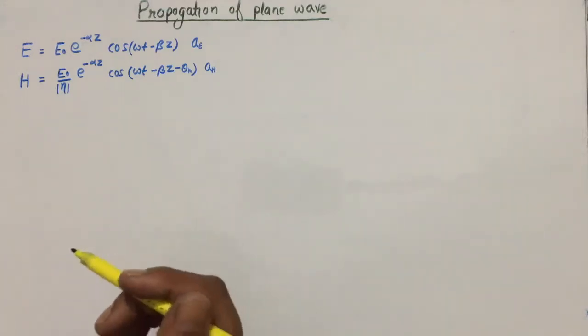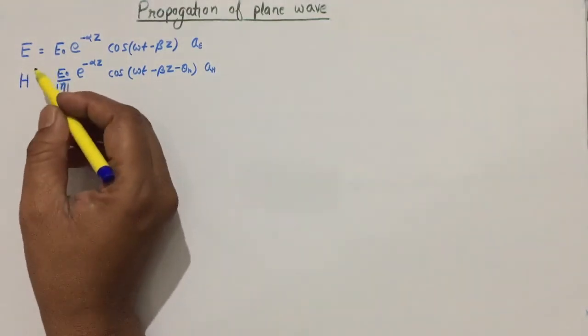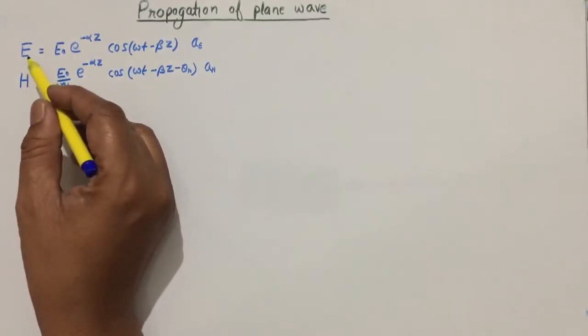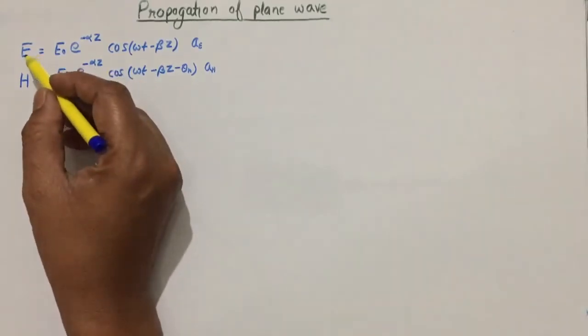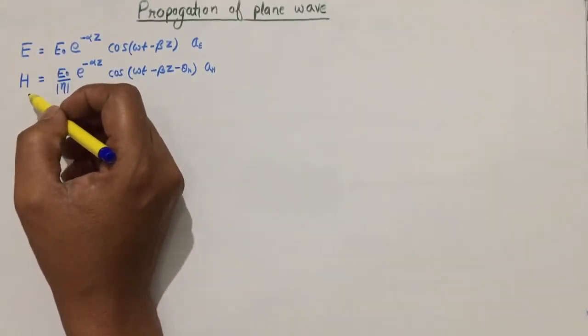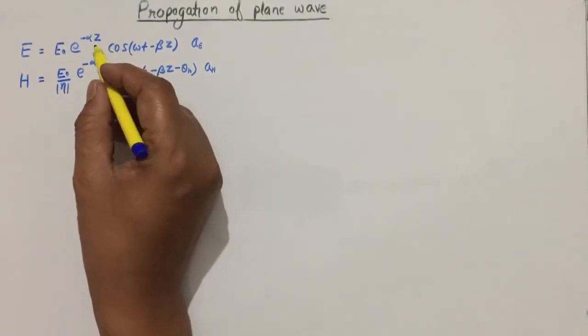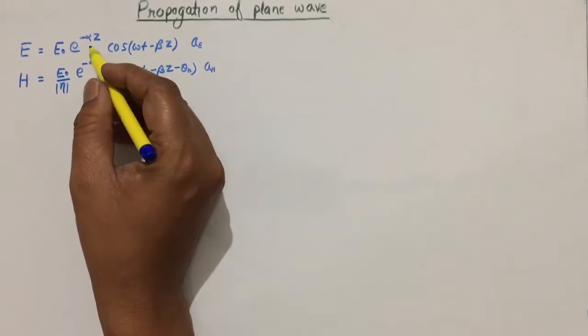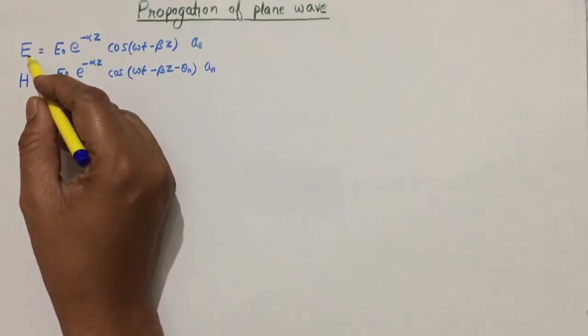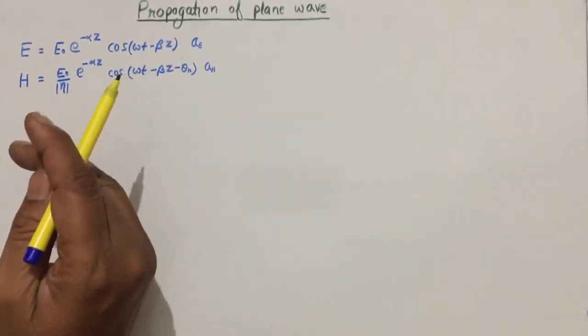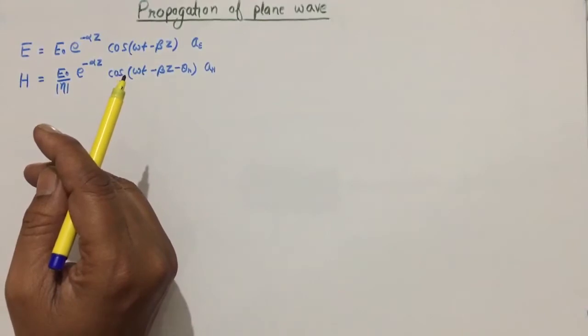Hello students, yesterday we have seen how to get H's from Es, and we came to know that both electric field and magnetic field are everywhere normal to the direction of the propagation of the wave. It means the field lies in a plane that is orthogonal to the direction of the wave propagation.